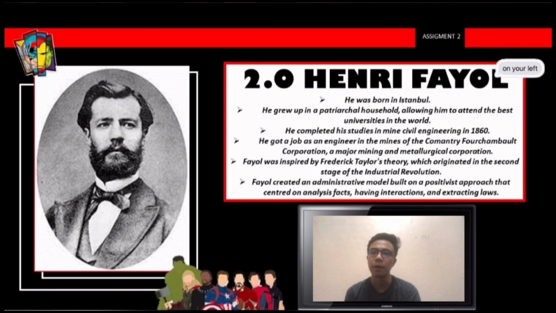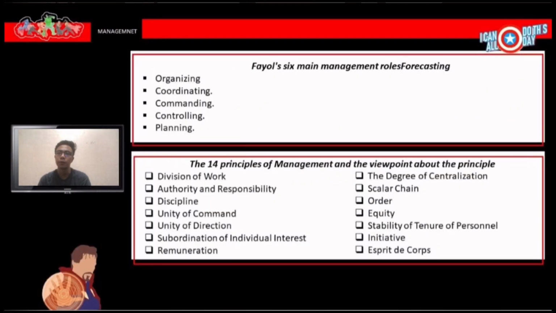Fayol was inspired by Frederick Taylor's theory, which originated in the second stage of the Industrial Revolution. Fayol created an administrative model with a positive approach that centers on analyzing fact-heavy interaction and iterating law. Fayol has 6 management roles focusing on organizing, coordinating, commanding, controlling, and planning.